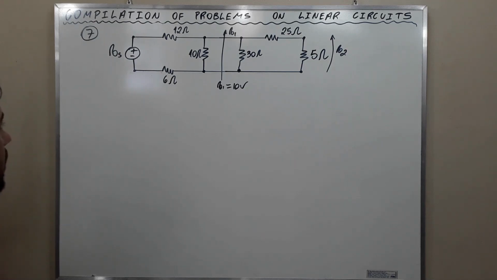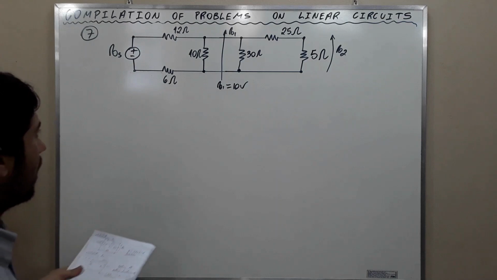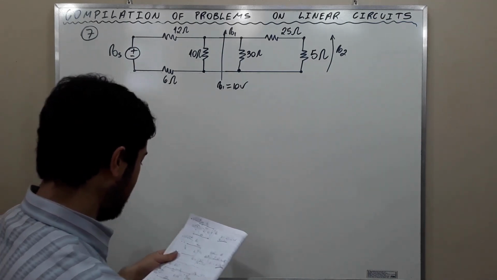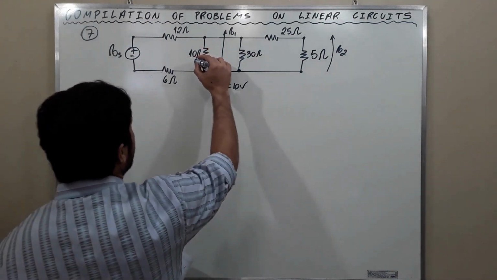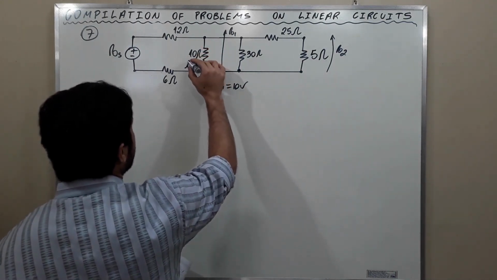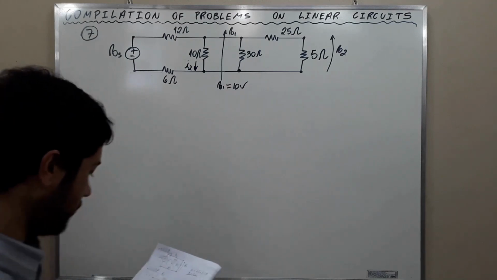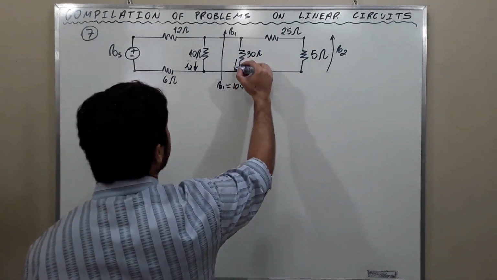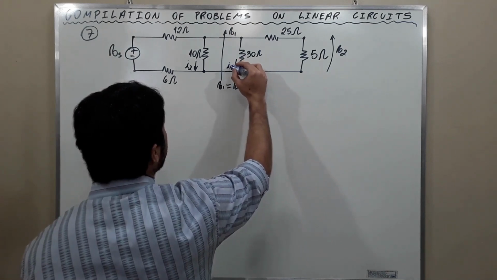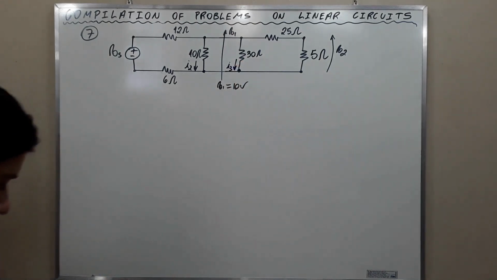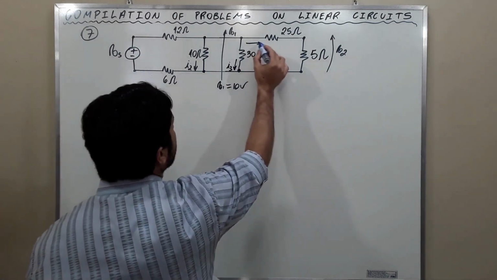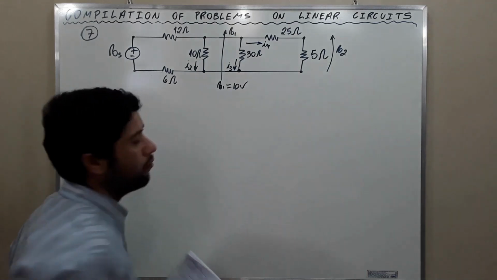We can immediately find, let me use some labels here. I'm going to label this current here I2, this current here I3, and there I4.